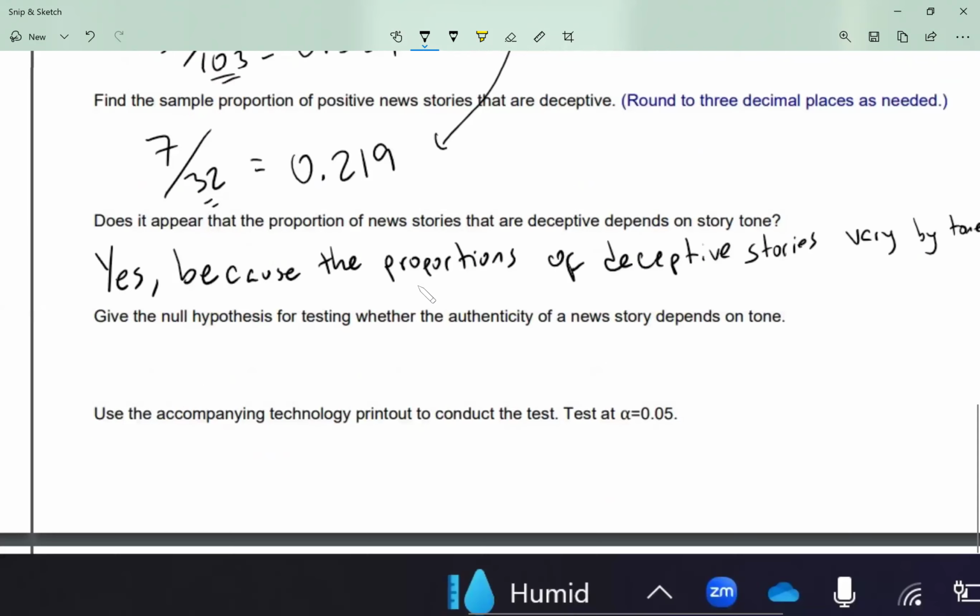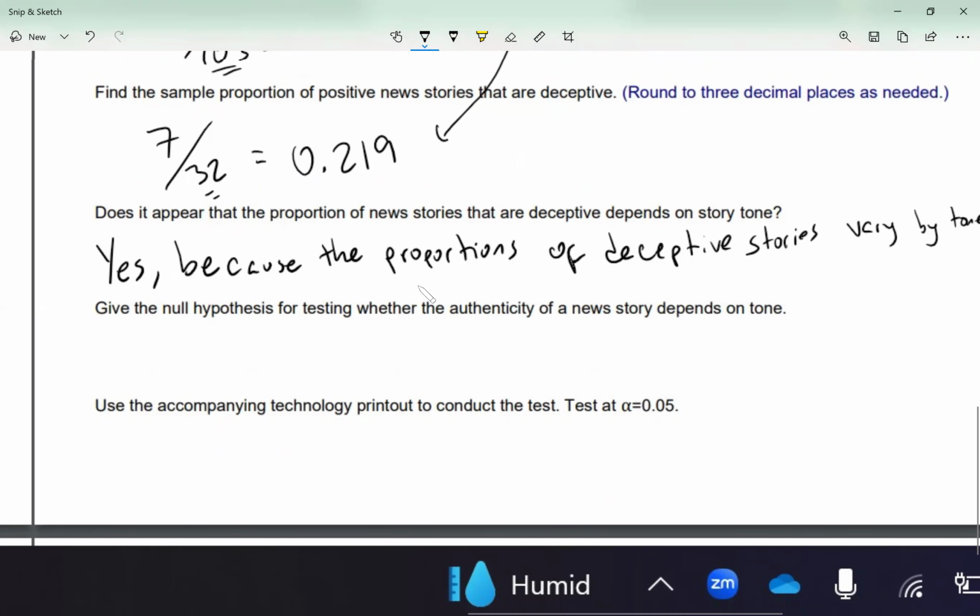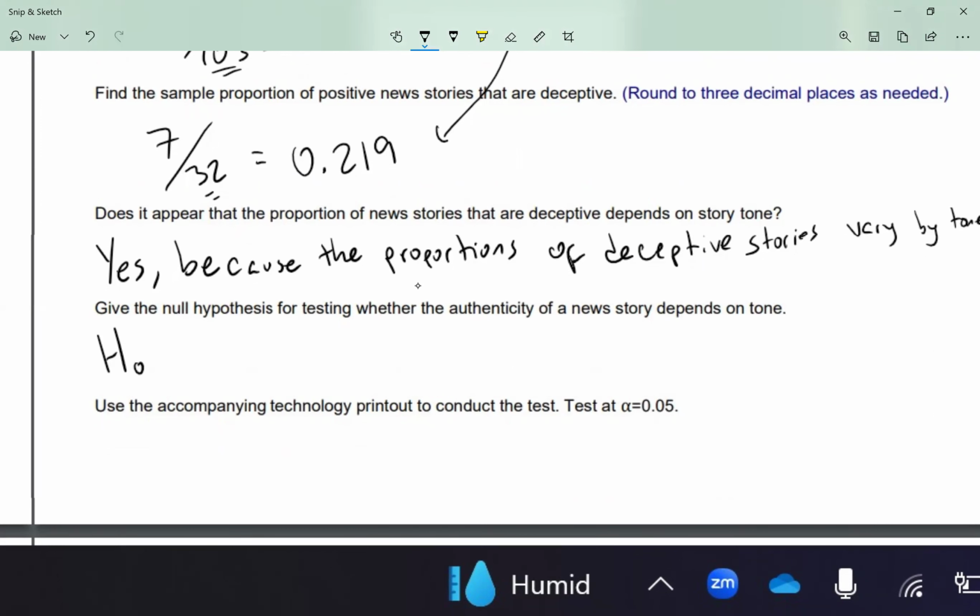Now, for the second question, give the null hypothesis for testing whether the authenticity of the news stories depends on tone. So we're going to say my null hypothesis. Remember, null hypothesis, we write that as H0, or I can just write the words null hypothesis.